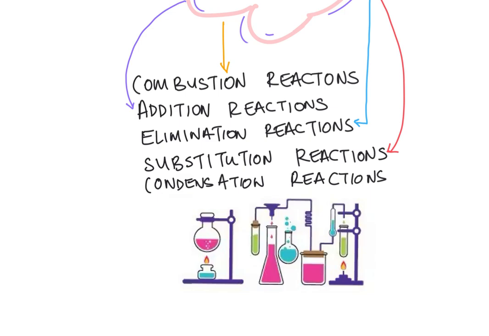Combustion reactions and condensation reactions have just one reaction each, but addition, elimination, and substitution have up to 3 or 4 different types of reactions within them. When you're given this section, it is not in isolation. Every single reaction in this list is related to each other in some way, so it can form a flow chart, which I'm going to show you how to draw up, and that is how it's asked in a test or exam.